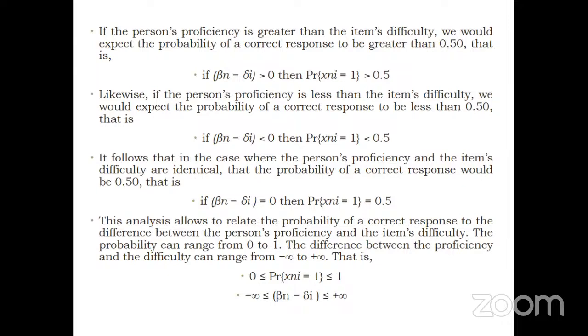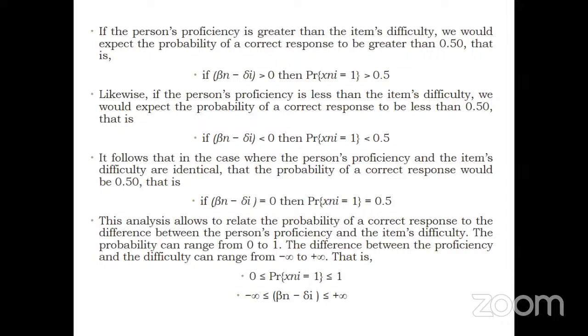That is, if beta n minus delta i, the difference between the person's location and the item's location, is more than 0, then the probability of giving a correct response is higher, more than 0.5. So if the person's ability level is more than the item's difficulty level, then the person is more likely to give a correct response, right?